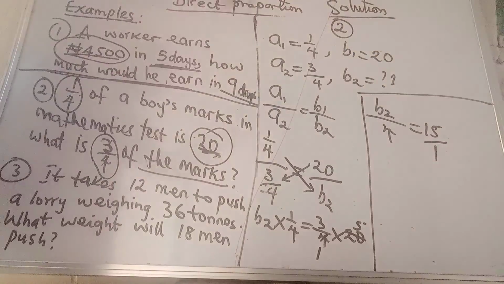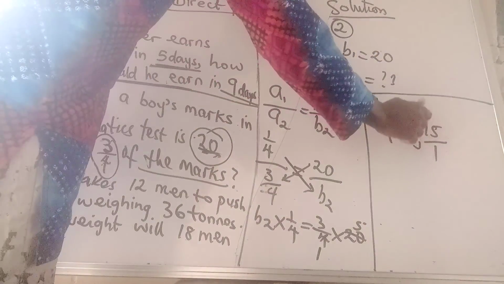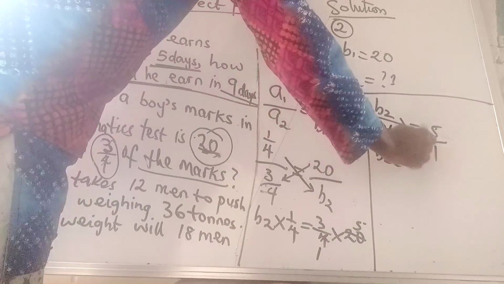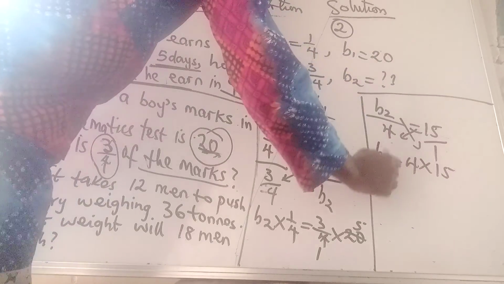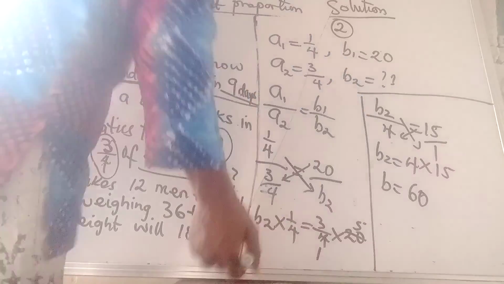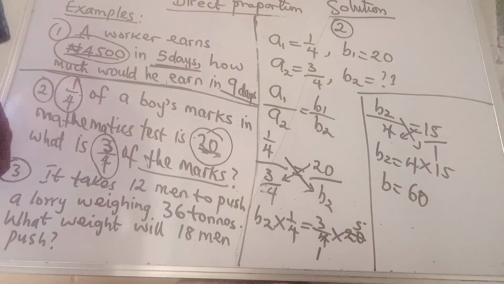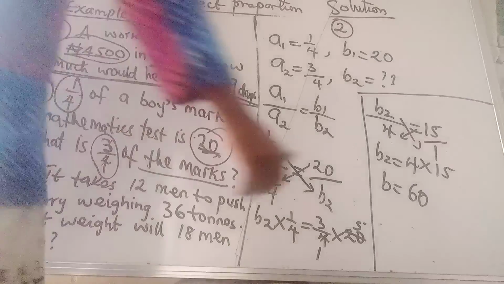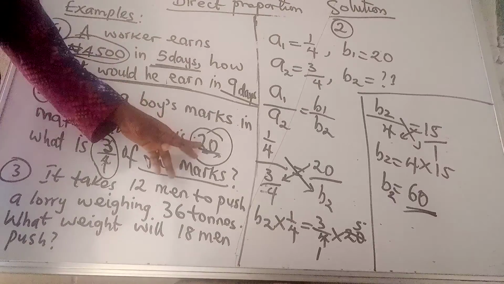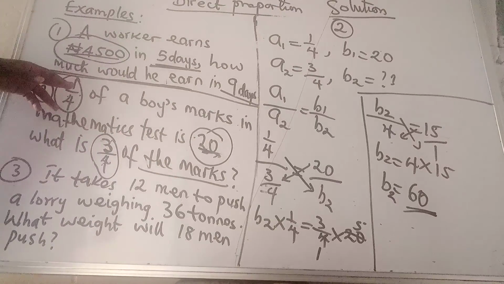You cross multiply again. When you cross multiply again, what will be B2? B2 will be 4 times 15. And B2 is 60. That means the marks is 60. Of course, 60 is greater than 20, because 3/4 is greater than 1/4.